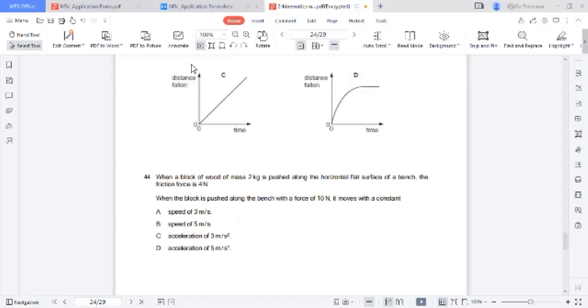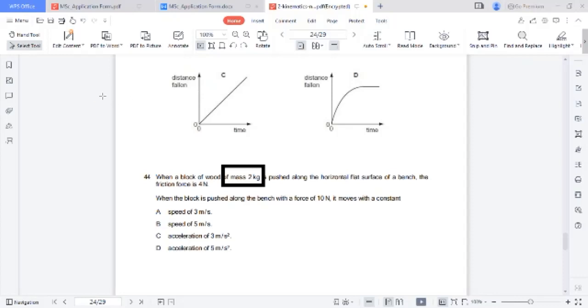In 44 it says, the mass of the wood block is 2 kg, and it is pushed along the horizontal flat surface of a bench.